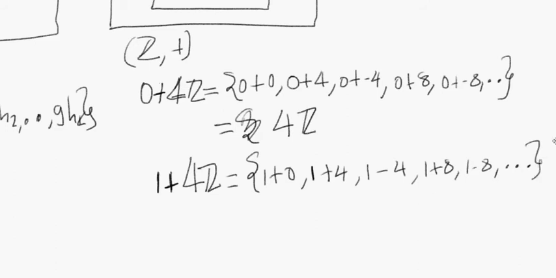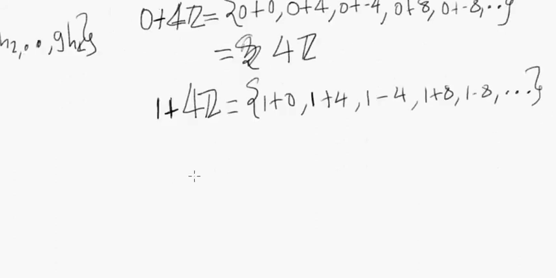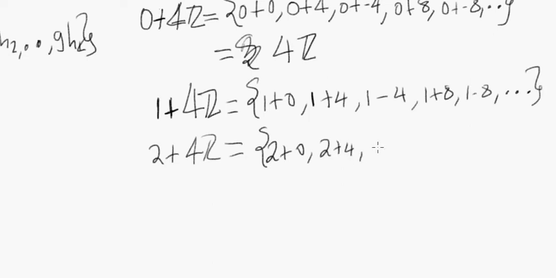That's what 1 plus 4Z will look like. It's an infinite process. Let's look at another coset, 2 plus 4Z. That's 2 plus 0, 2 plus 4, 2 minus 4, and so on. We get the story here.